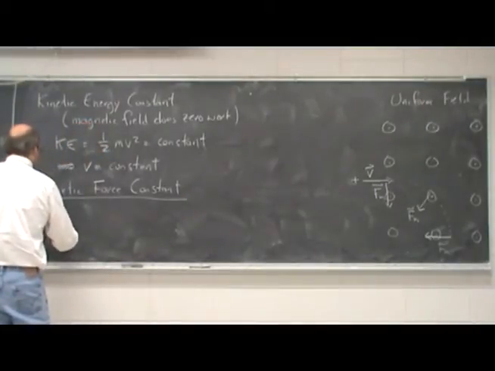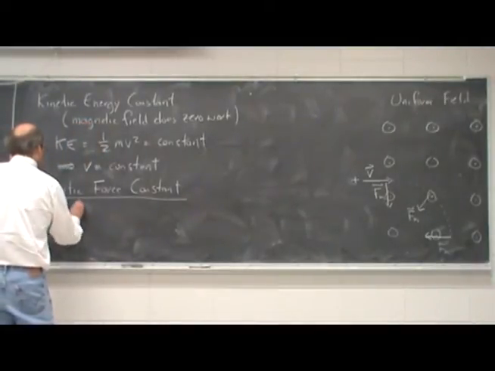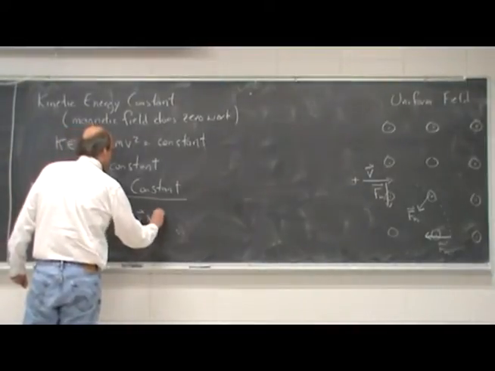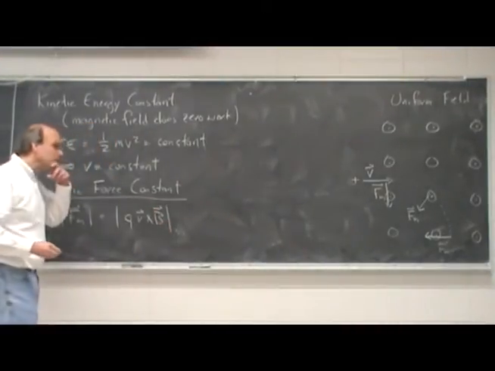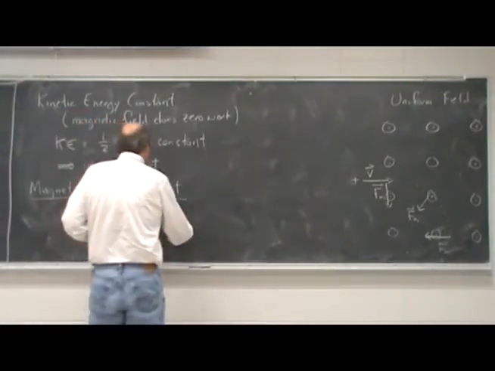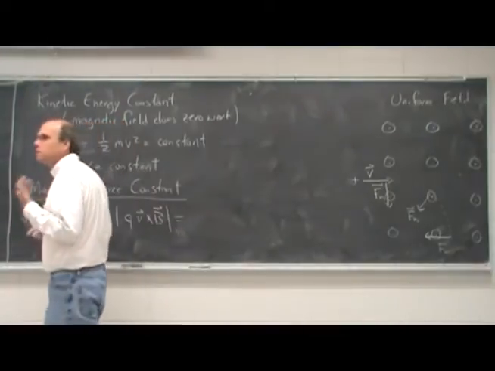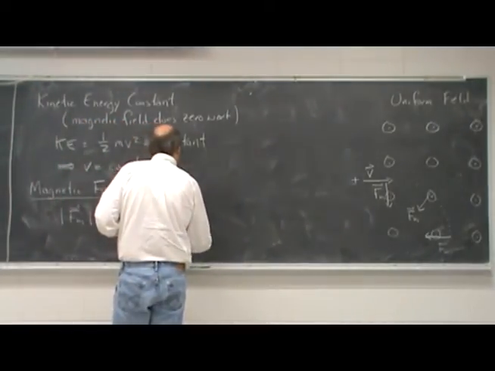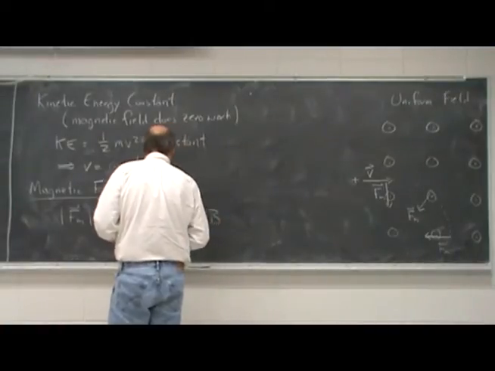So the magnitude of the magnetic force is the magnitude of QV cross B. Like I just said, V and B are always at right angles. So the magnitude of this would be QVB sine 90. Sine 90 is 1. So this is just the charge times the velocity times the magnetic field.